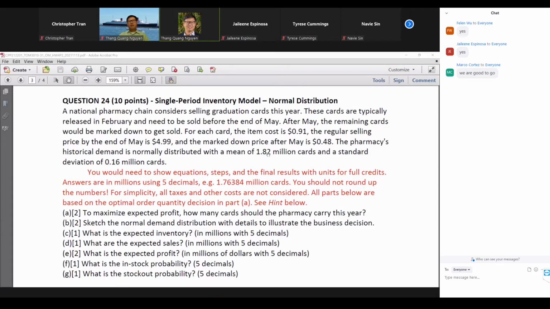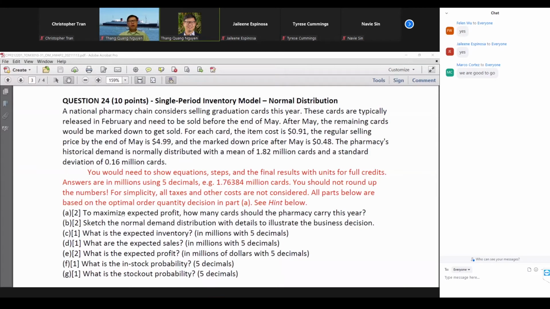So the mean is 1.82 million cards, and the standard deviation is 0.16 million cards. So it means that we have to deal with uncertain demand in this case, right? The demand is not constant, it's not perfectly predictable. So we have to look at the past data to know the average, to know the standard deviation, to make predictions about the upcoming season.